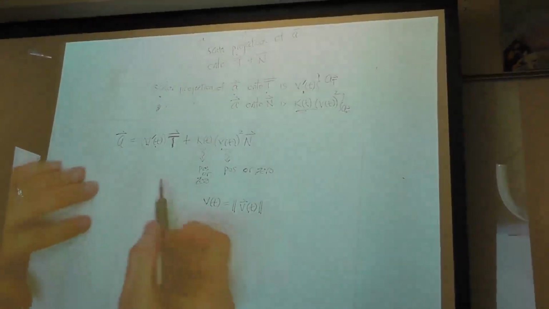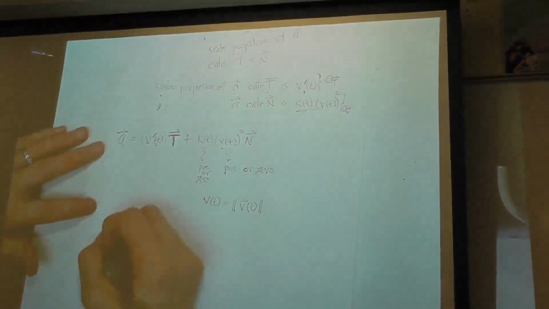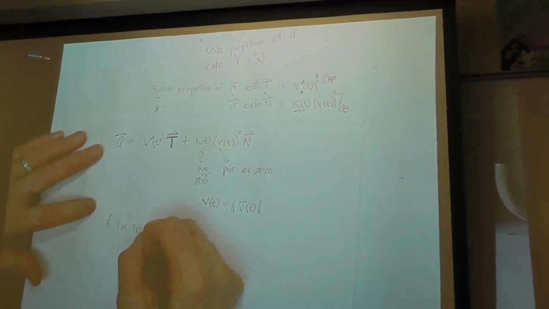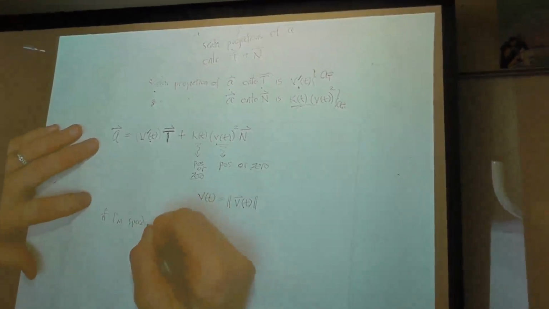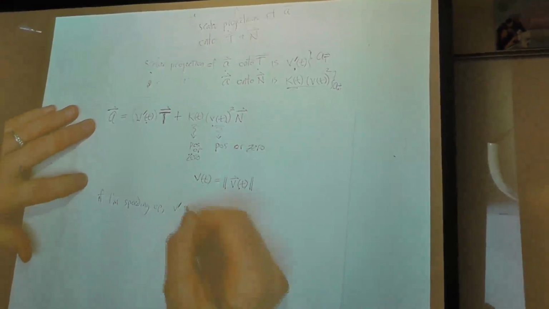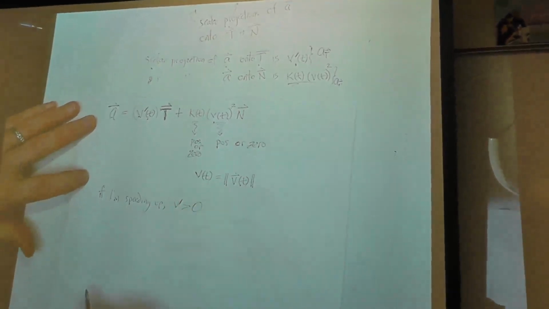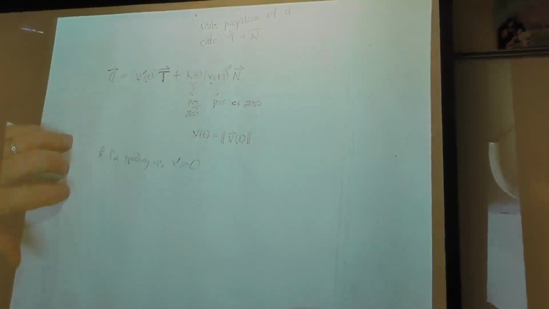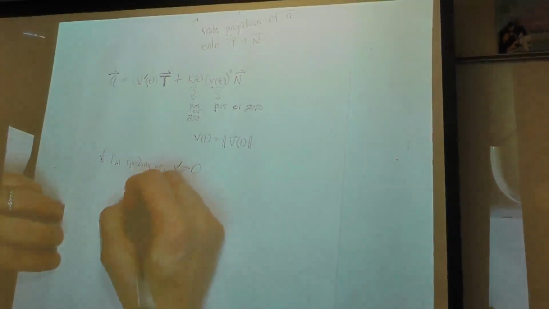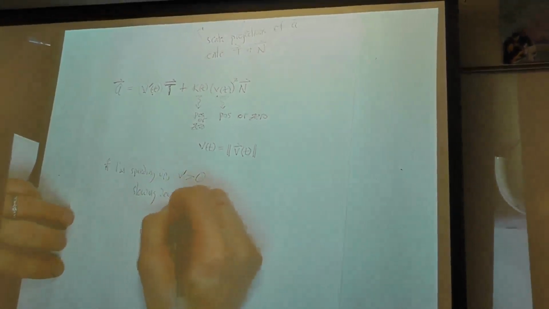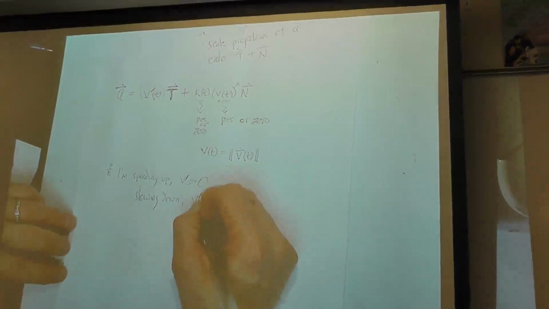If I'm speeding up, increasing the magnitude of the velocity, V prime is an increasing function, so its derivative is positive. On the other hand, if I'm slowing down, V prime is negative.